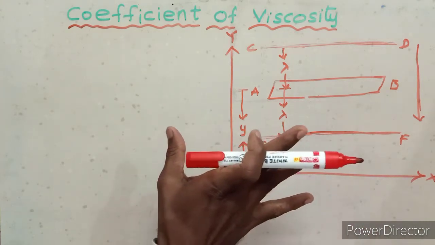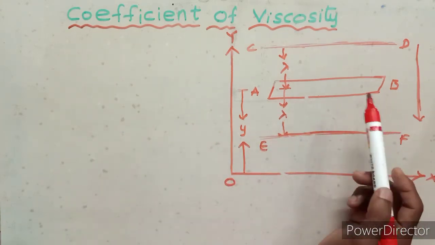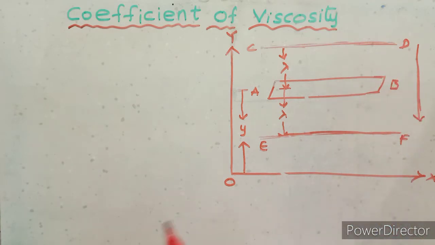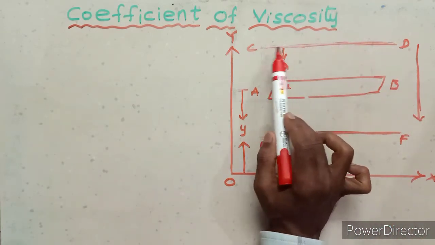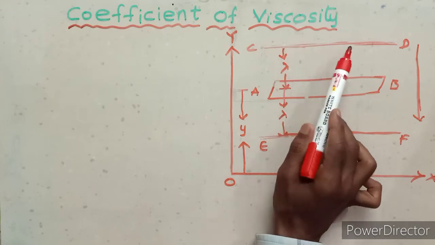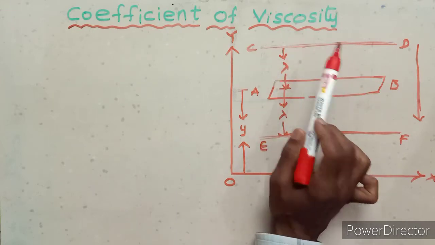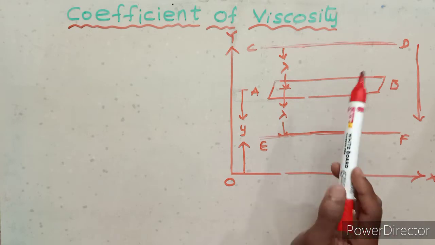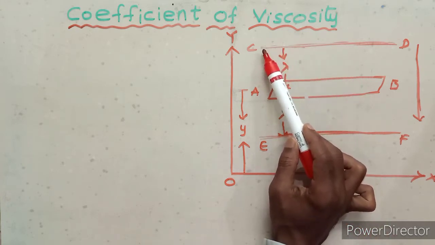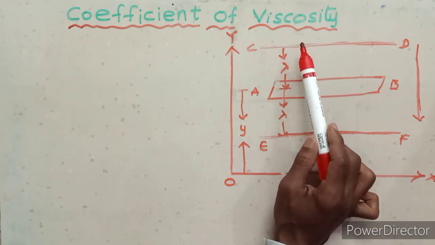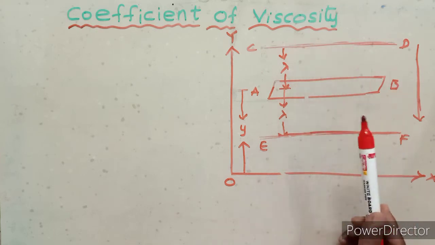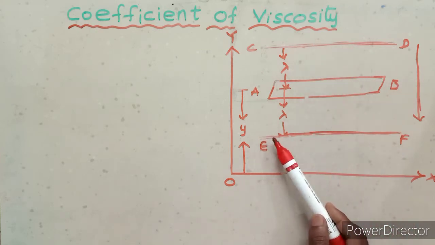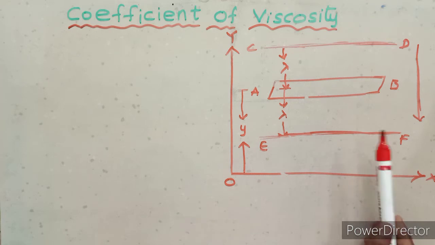So we clearly observe the diagram. At the CD layer, there is a high number of molecules, here a low number of molecules, and also the velocity of the molecules in the above layer is high, the velocity of the molecules in the below layer is low.